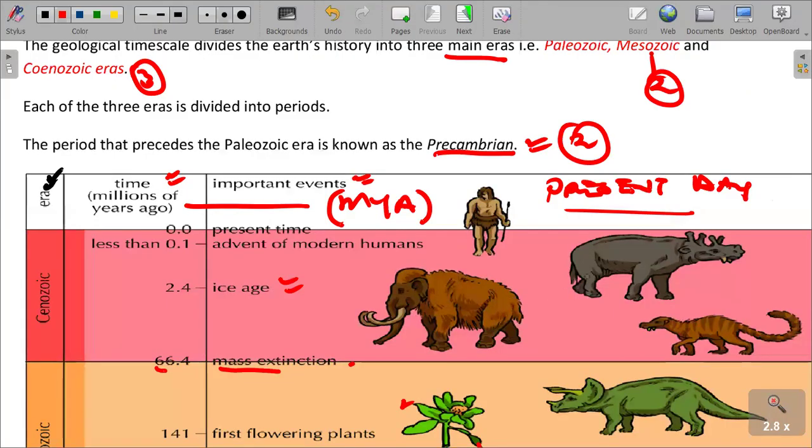We have the hippopotamus, the elephants, and every other organism that we can talk about. And then less than 0.1 million years ago, that's when the modern man was established. So the present time is the Homo sapiens, or the modern man, today.